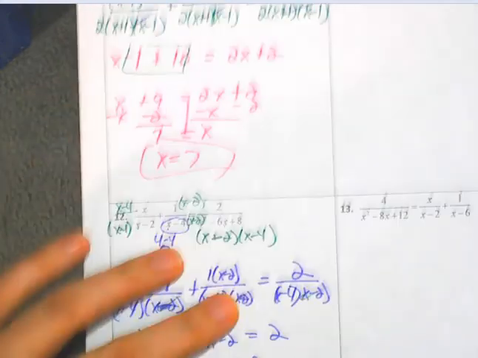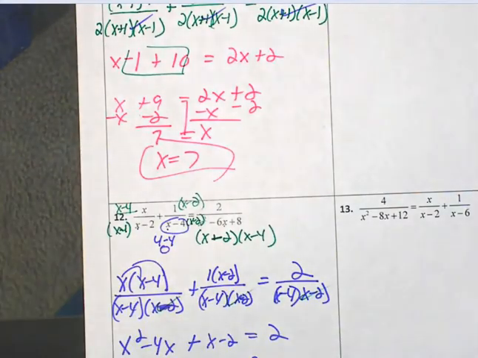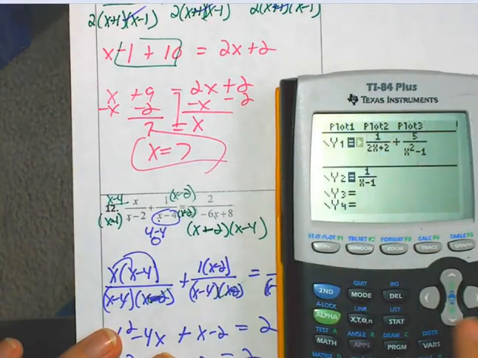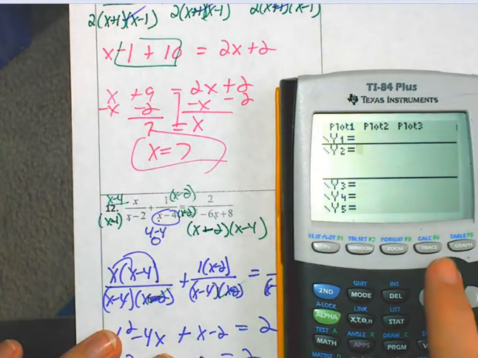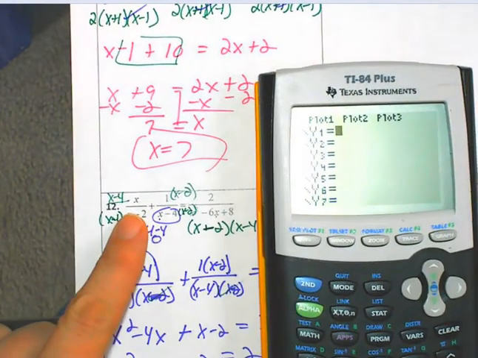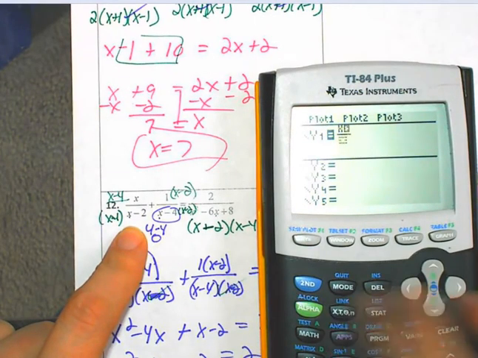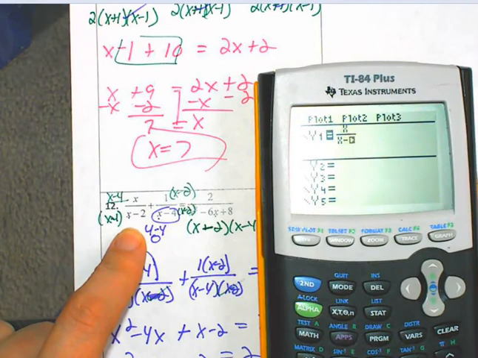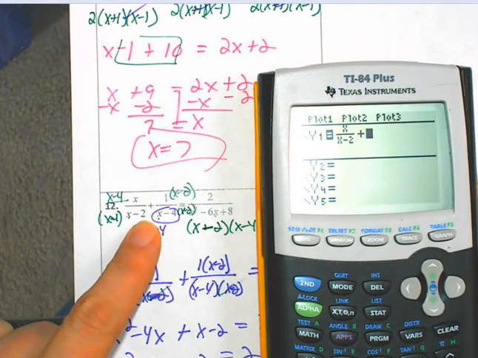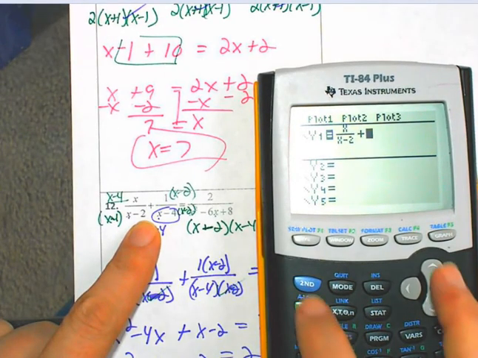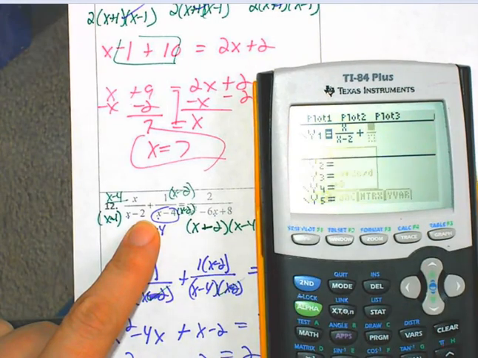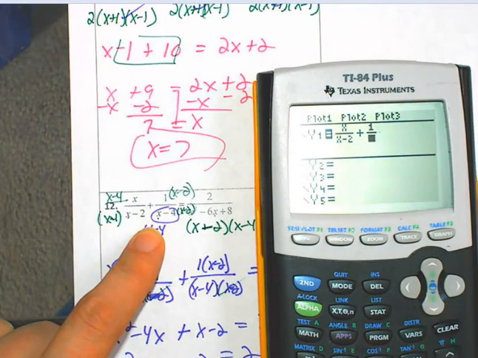All right, let's check that in our calculator again like we did a second ago. All right, let's get rid of that. So we're putting the original function in, x over x minus 2 plus one over x minus 4.